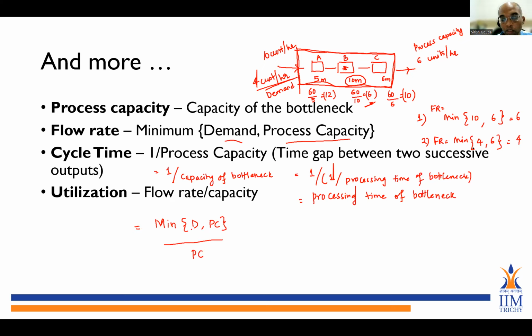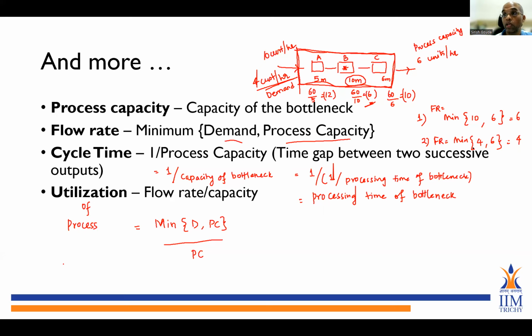Now imagine if there is enough demand out there, then demand is going to be greater than process capacity. So if demand is greater than process capacity, then we know that, just to quantify this, this is a utilization of the entire process.